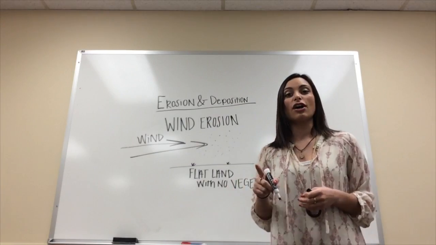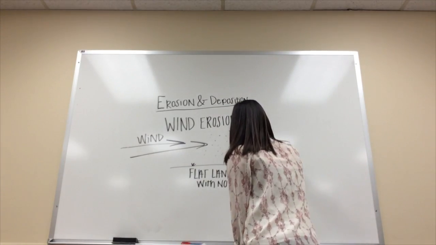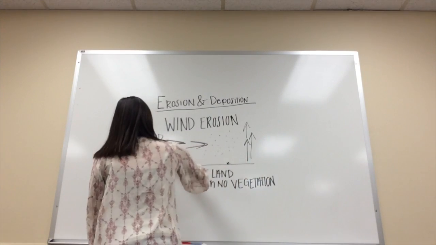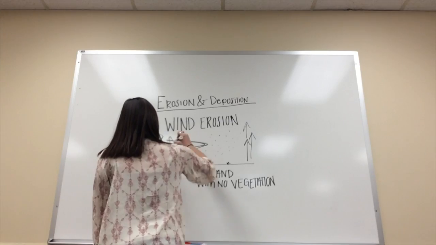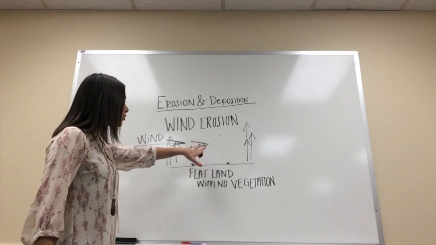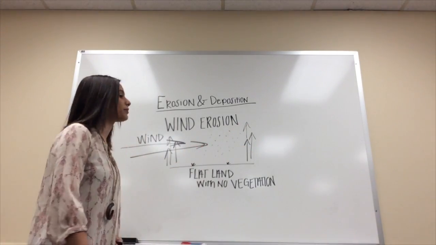Some ways you can stop wind erosion is by planting trees on either side of your flat land, and the wind will move stuff around, but you'll have windbreakers on each side.